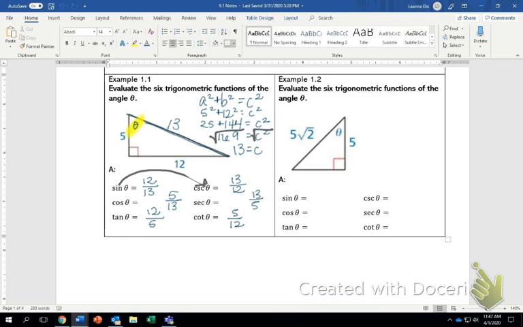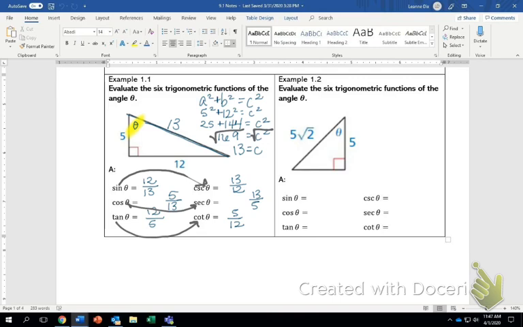Some things that people sometimes get confused is they think that cosine and cosecant are reciprocals, and they're not. So think about it as with each pair, there can only be one co, which is why sine is with cosecant. Cosine is with secant. Secant can't have a co because the cosine already has the co, all right? And then the same thing with our tangent and cotangent, all right? So that is an easy way to remember what is reciprocals with what, all right?